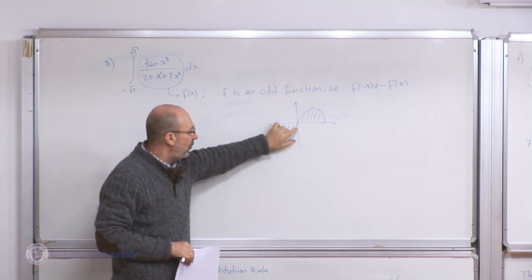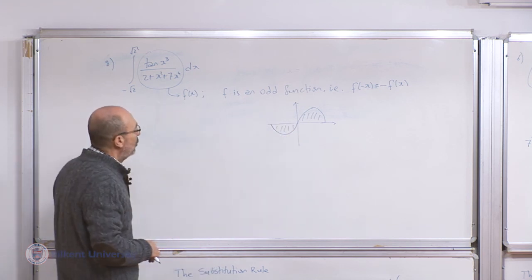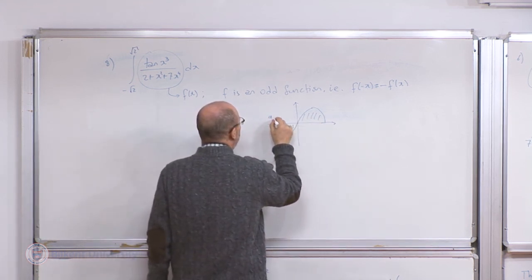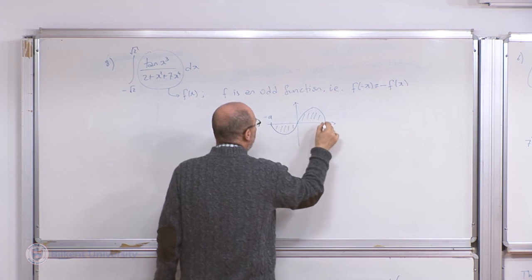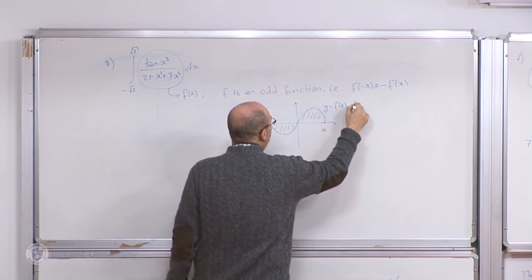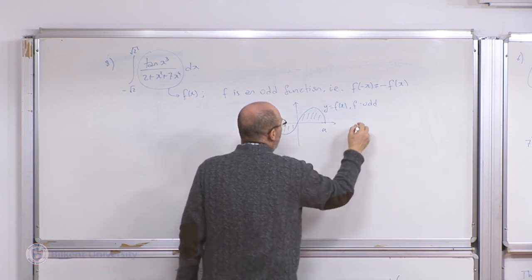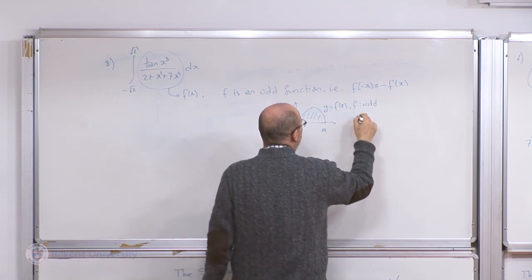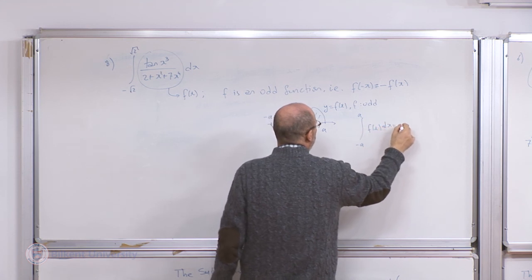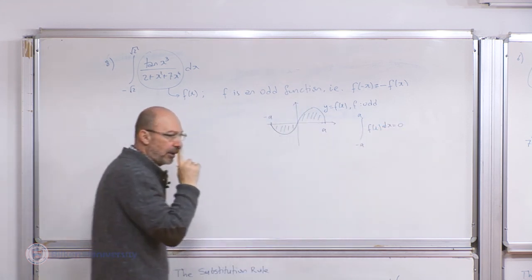The value of the function is negative here, so these two areas cancel. So let's say this is minus a to a, y equals f of x, f odd. Now the integral from minus a to a of f of x dx is 0 because of this picture.